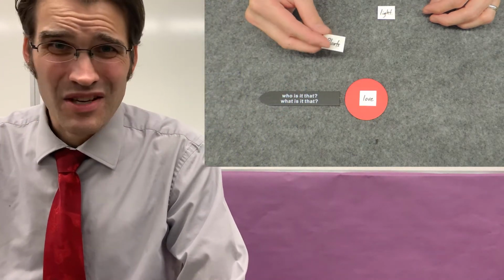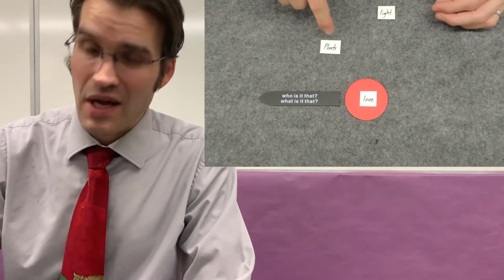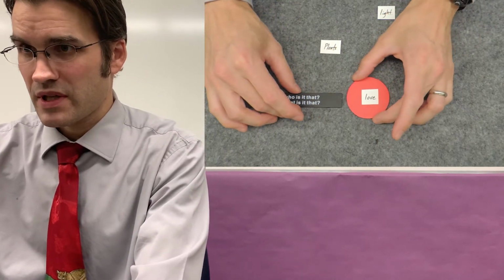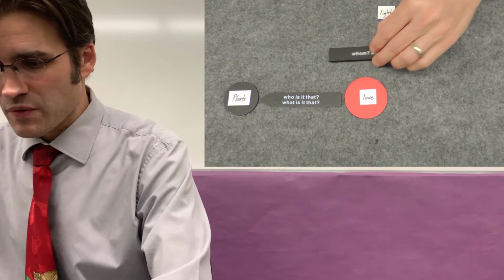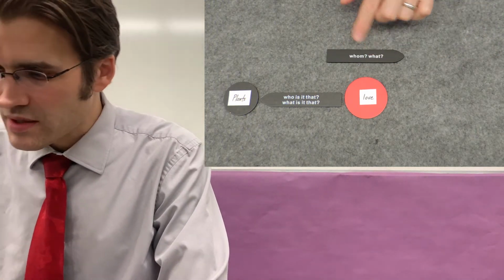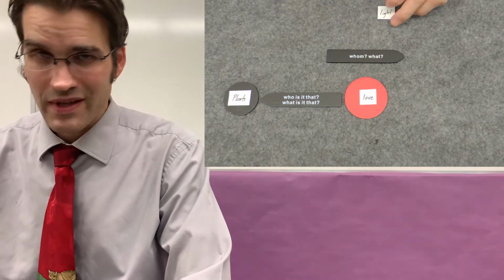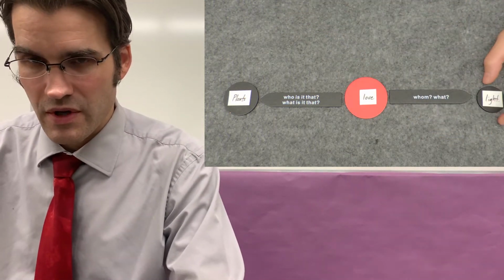Well, is plant a who? No. What is it that loves? Plants love, okay? So let's place it like this. Now, what are we left with? Whom or what? Plants love what? Well, they love light. Okay, there we go.